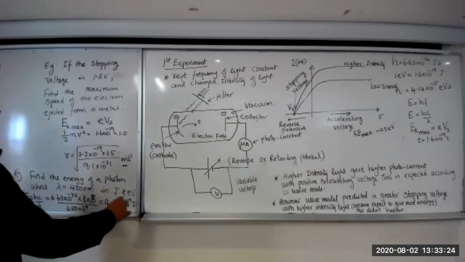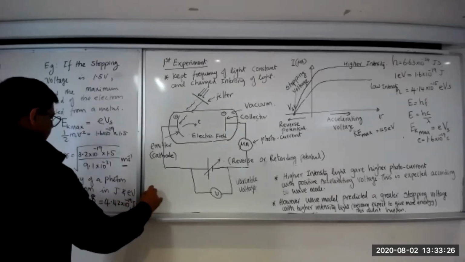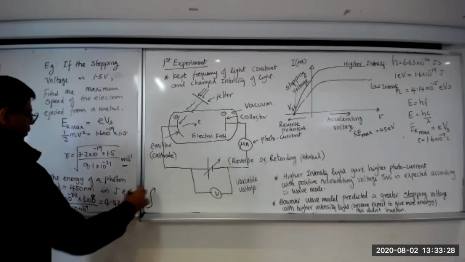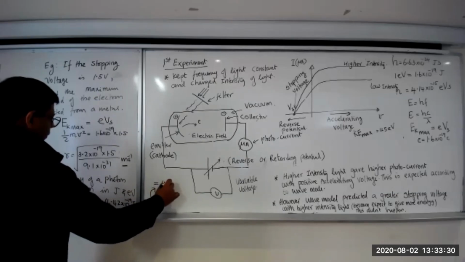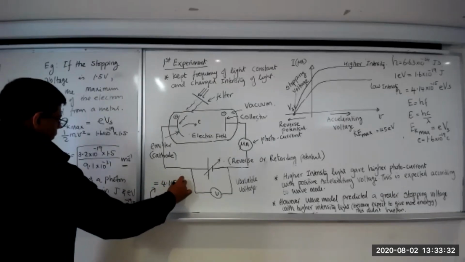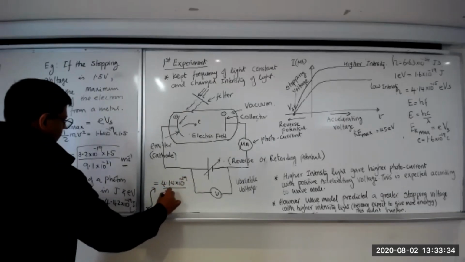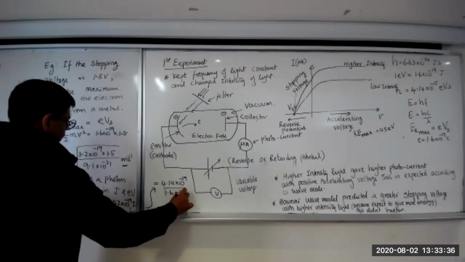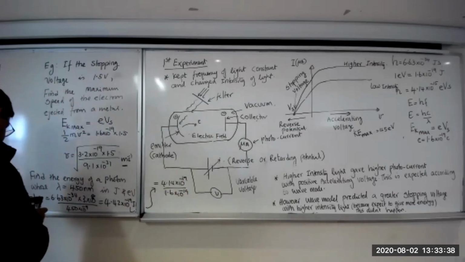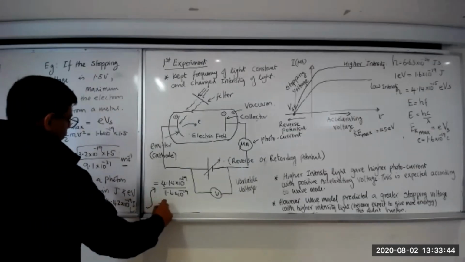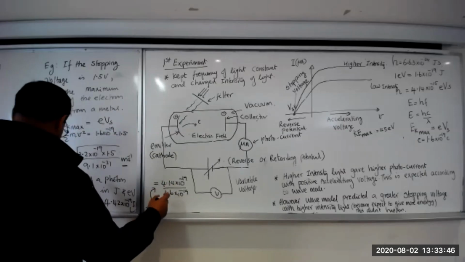You can convert directly into electron volts here as well. You basically divide it by 1.6 times 10 to the negative 19. Rule of thumb, your electron volt value should be a small, round number.